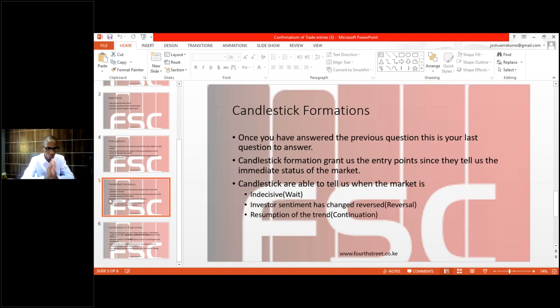Of course, when the investor sentiment has changed, or supply or demand of a certain currency pair or commodity that you're trading is about to change, then we get to experience reversal candlesticks.